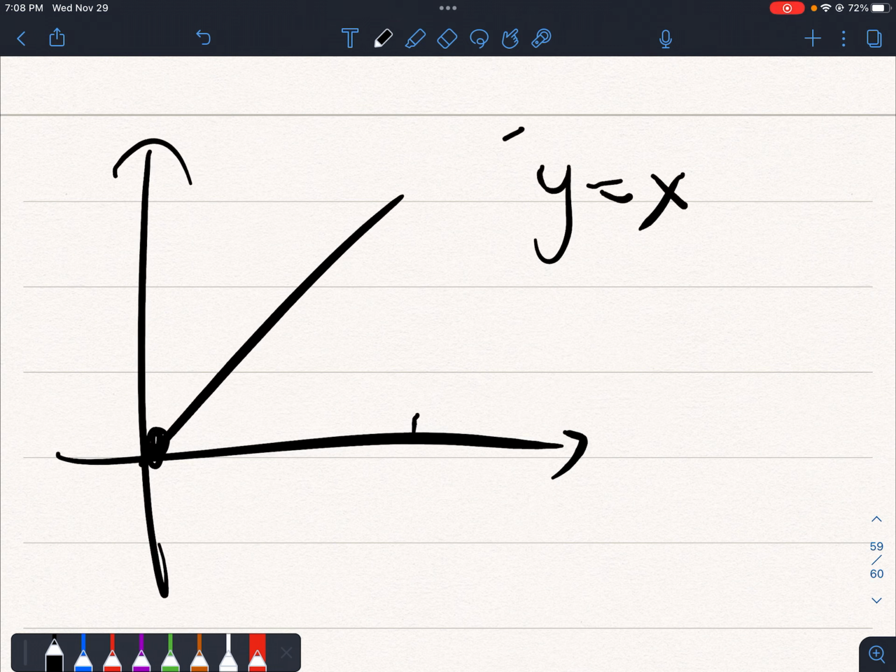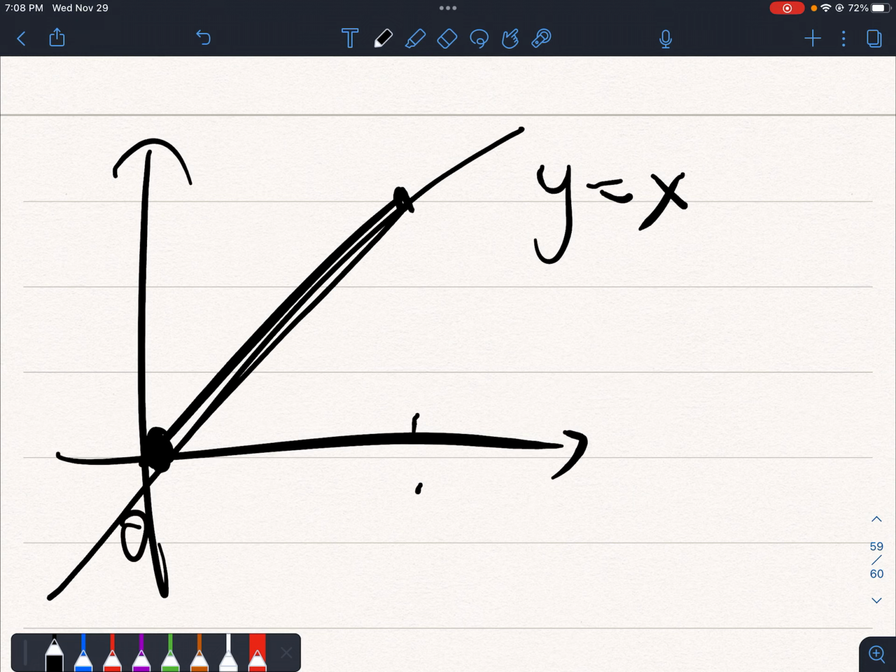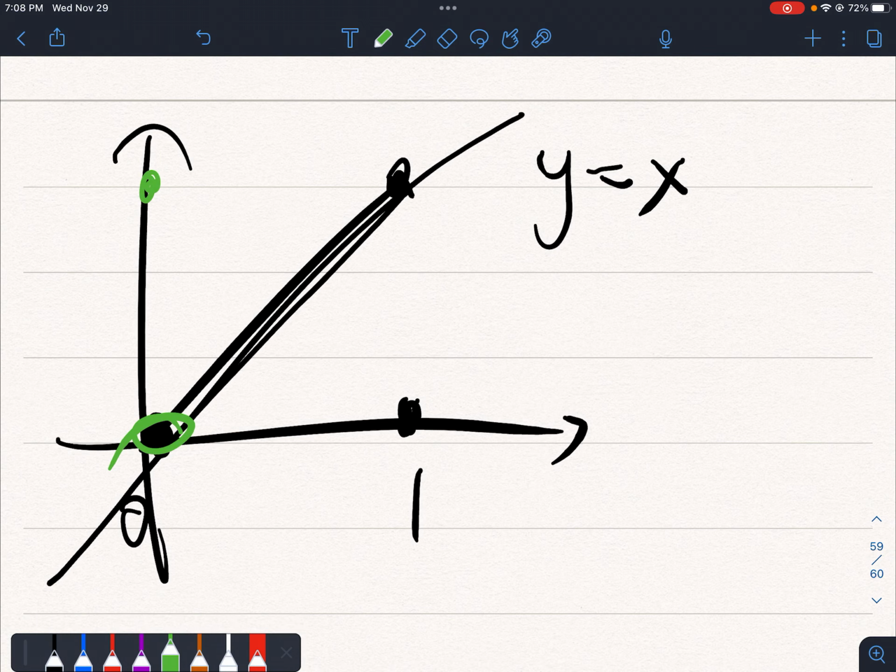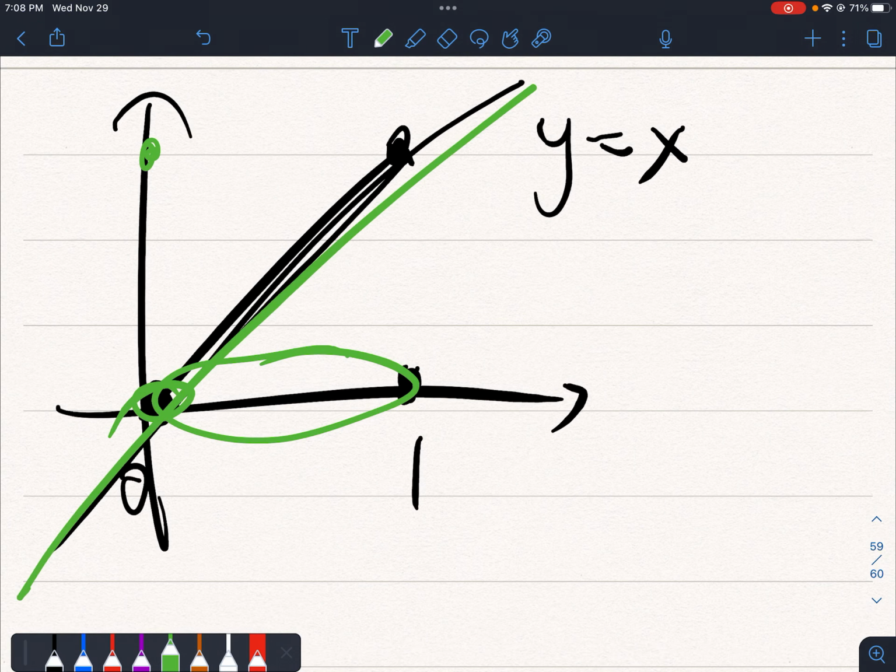Because, for example, for a good example, let's say we're just looking at y equals x. Then the maximum of f of x equals x on the closed interval from 0 to 1: the minimum on this interval is 0, and the maximum on this interval is 1. But this is only for the minimum and maximum on this interval, right? For the entire graph, it has no minimum or maximum.